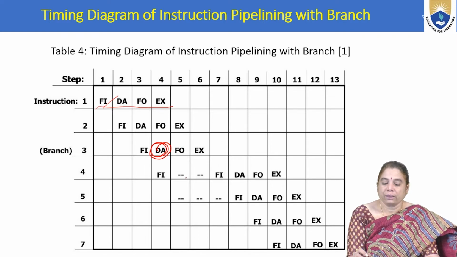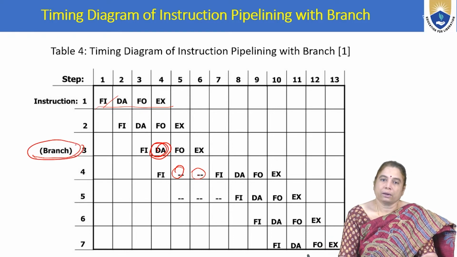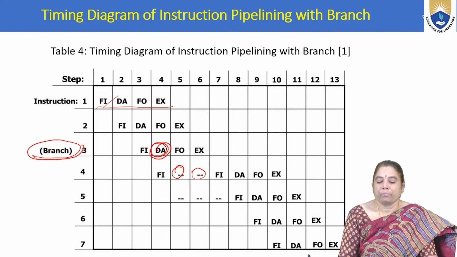So if it is a branch instruction, update the PC value and empty the pipe. So the third instruction pipe can be emptied here, if a branch instruction occurs. Why? Because the branch instruction can alter the execution sequence of the program.